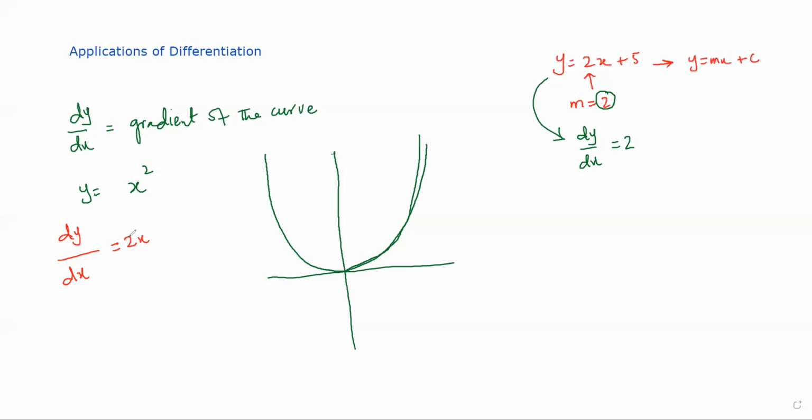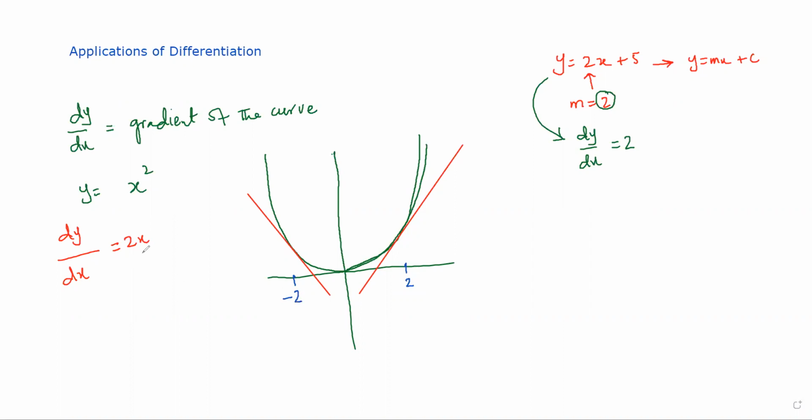Now, this is the gradient of the curve in general. Remember that whenever you have to determine the gradient of the curve at a certain point, you have to draw a tangent there. For instance, if I draw a tangent at this point here, it looks like this. And if I draw it here, it might look like this. Suppose you have x equal to 2 over here, and x equal to minus 2 over here.